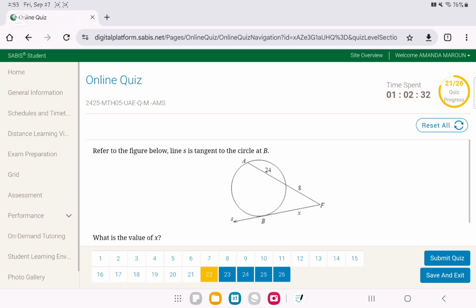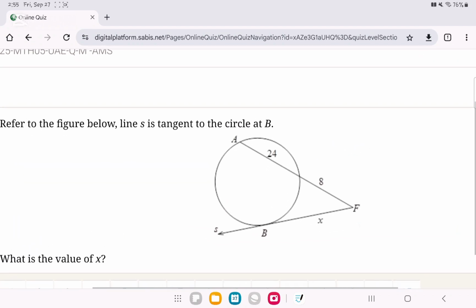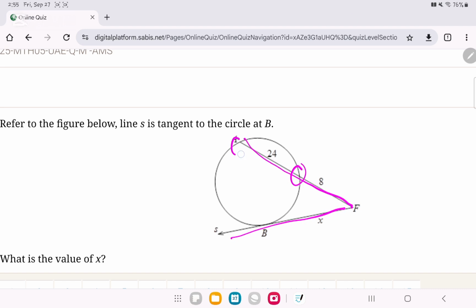Question number 22. Refer to the figure below. Line S is tangent to the circle at B. Anytime you see a secant and then a tangent, a secant has 2 points touching and the tangent has 1 point touching. This is the rule: the exterior multiplied by the whole thing is equal to the tangent squared.